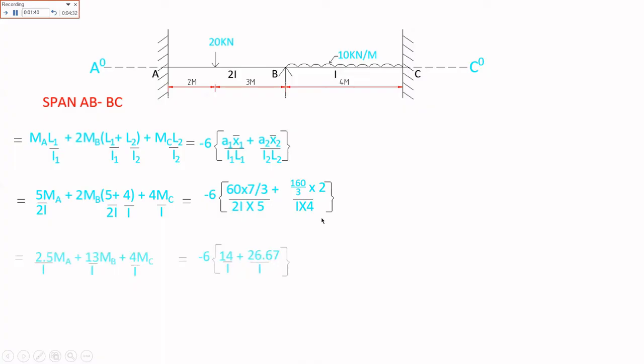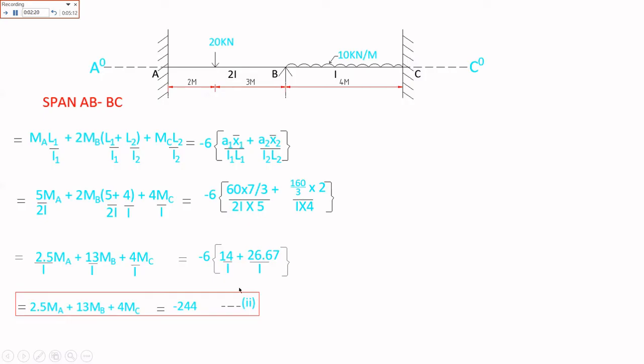If you simplify that further, we get 2.5MA divided by I plus 13MB divided by I plus 4MC over I equals negative 6 times 14 divided by I plus 26.67 divided by I. If you multiply throughout by I, this becomes 2.5MA plus 13MB plus 4MC equals negative 244, and that forms our equation number 2.